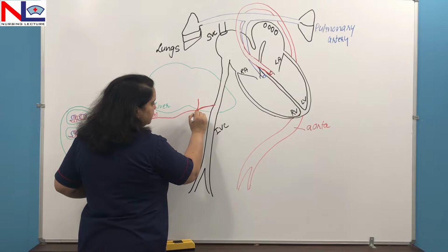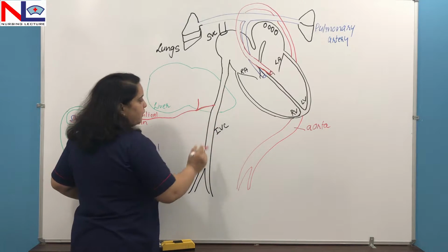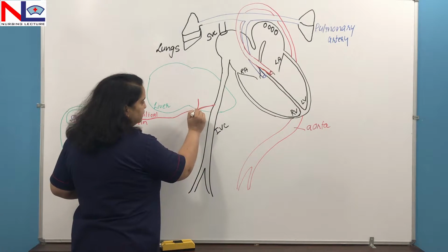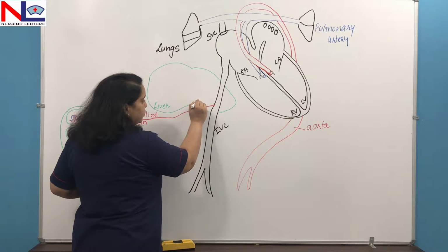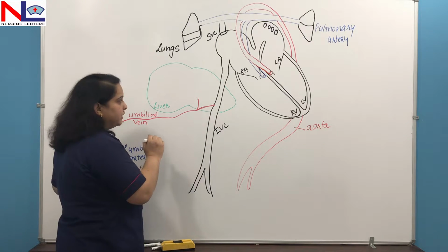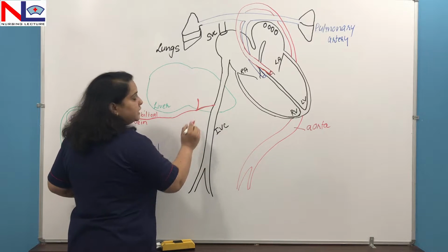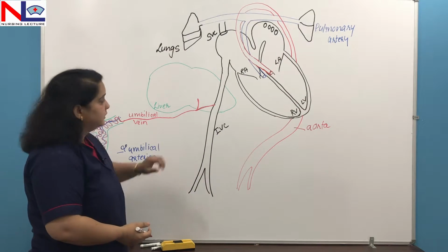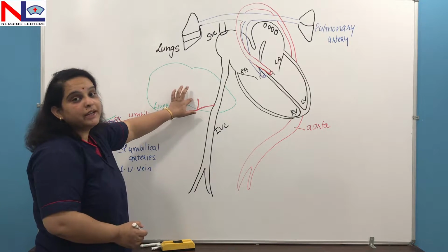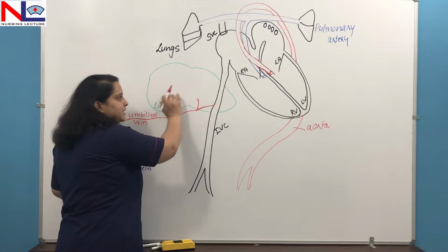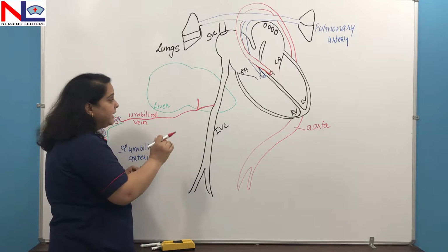The first branch, the smaller branch with the lesser amount of blood, goes into the liver. This small branch merges with the hepatic portal vein, and this supplies the liver sinusoids, right?